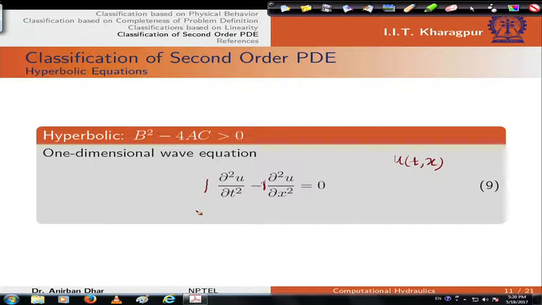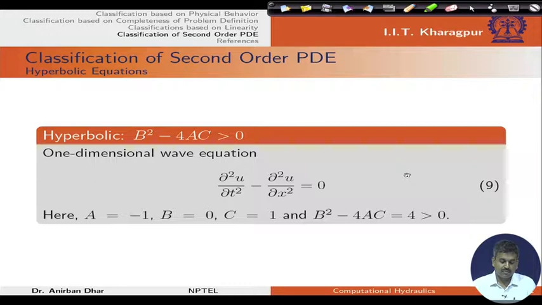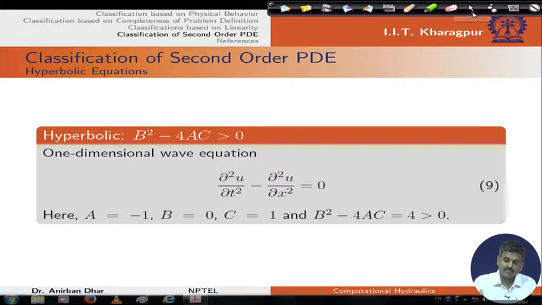There is no cross term available for this equation. So, obviously we have a equals to minus 1, which is the coefficient of del 2 u by del t2, b is 0 and c is 1. So, b square minus 4ac is positive in nature. So, we can say that this equation is a hyperbolic equation.